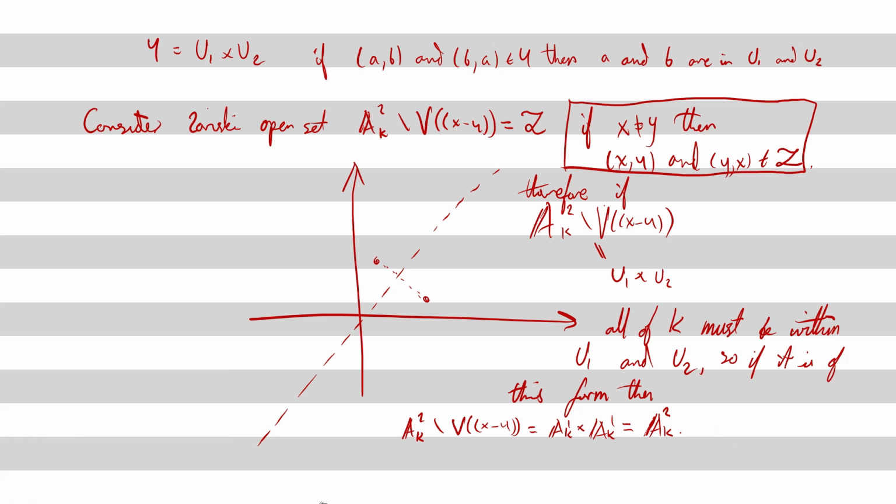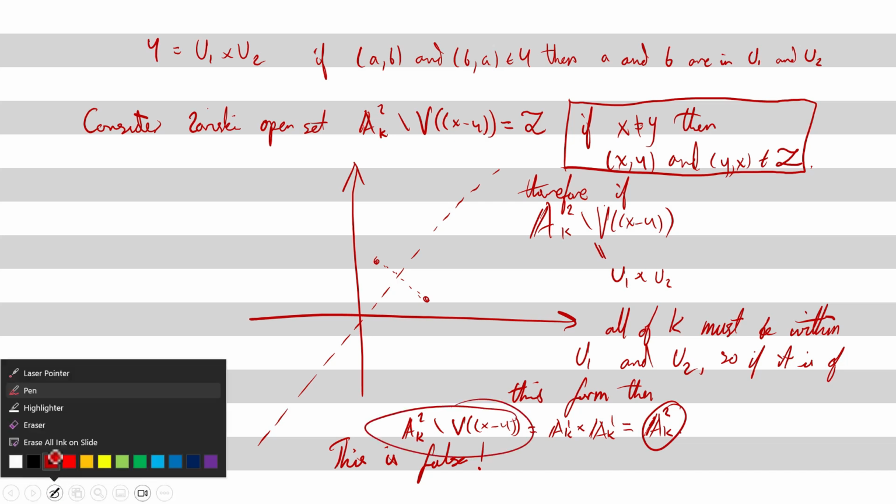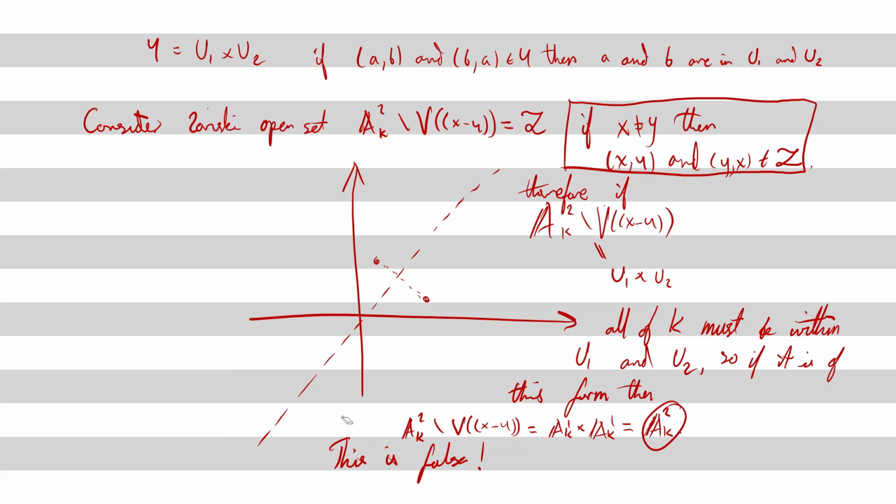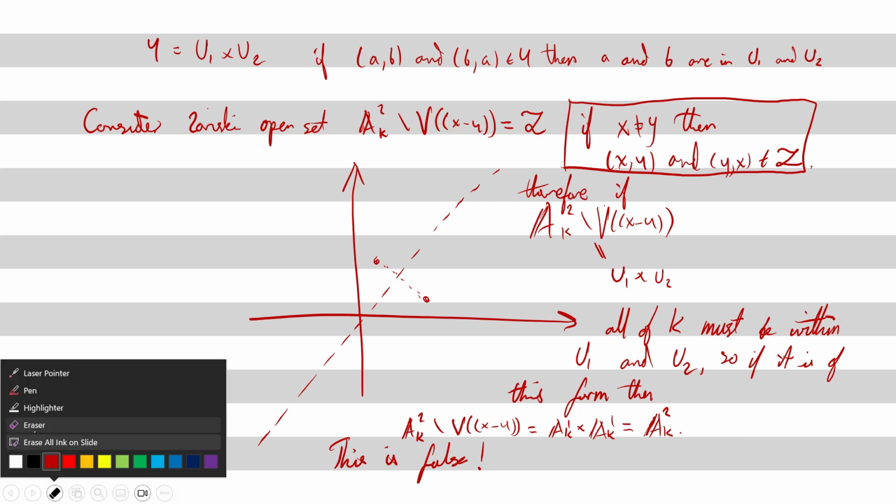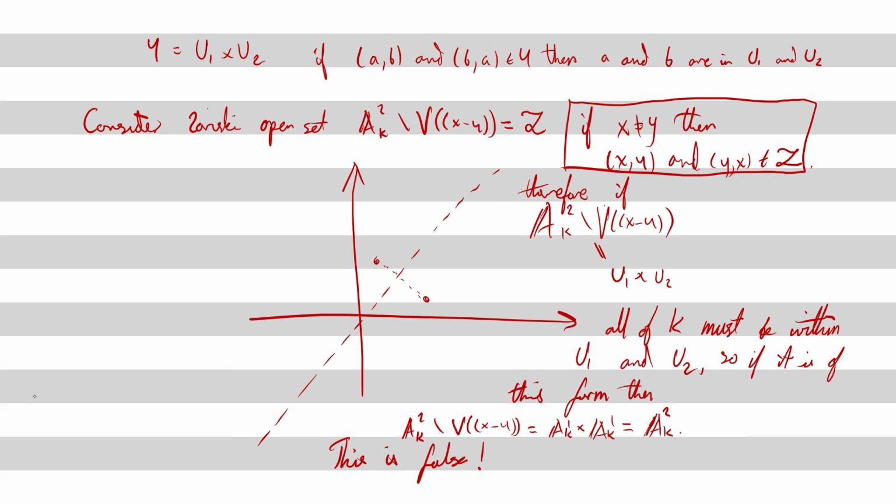But either way, we should just write this is false, because it just is, because this contains the point (0, 0) and this doesn't contain the point (0, 0). Hence, one of our premises is wrong, and that premise, the only thing which we have actually supposed, is that it is of this form.